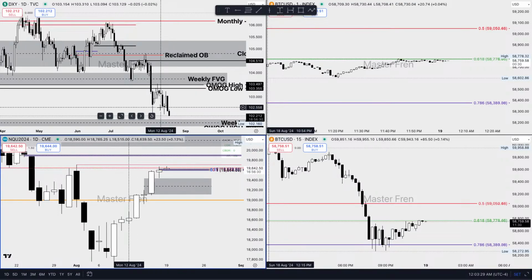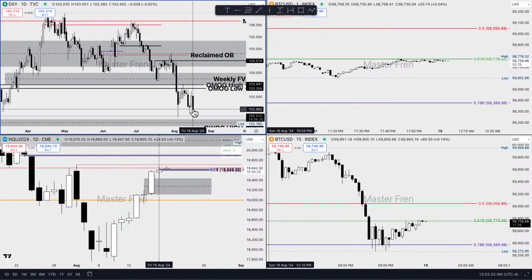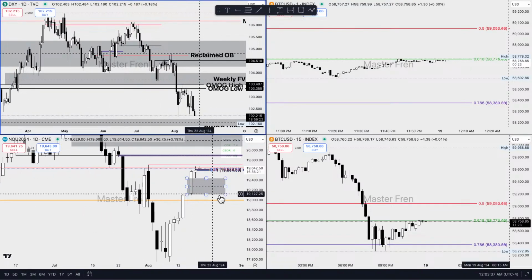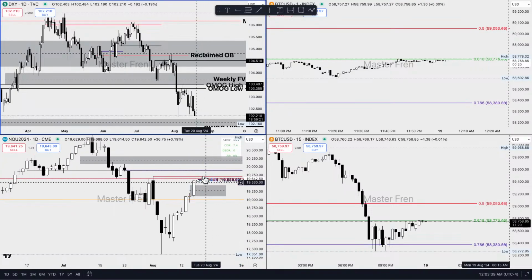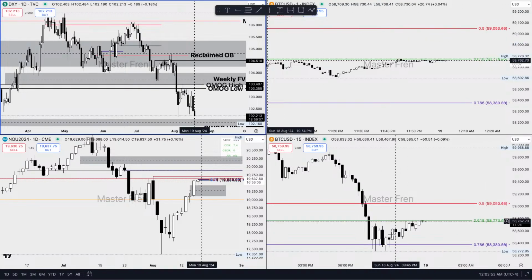Wow, DXY just looks like absolute poo. So this is awesome, but see how DXY isn't able to get into there? And NASDAQ hasn't been able to get into there either. That's SMT.